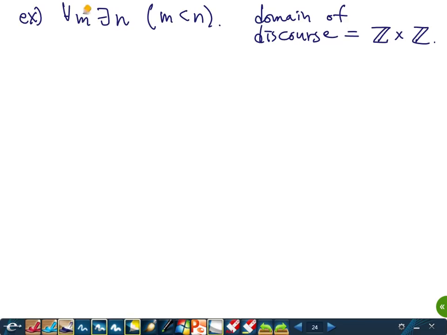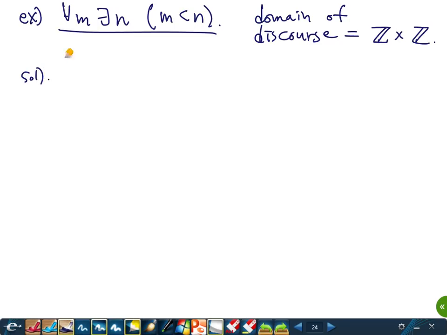That means m is in Z, n is in Z. Is this true? Think about that. For every integer m, there exists an integer n such that m is less than n. True?